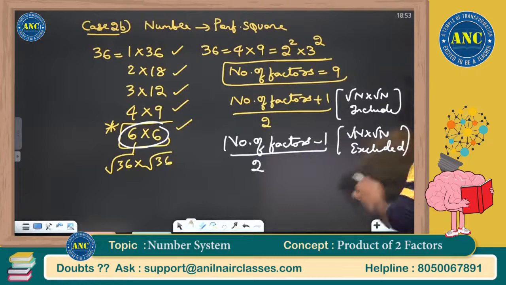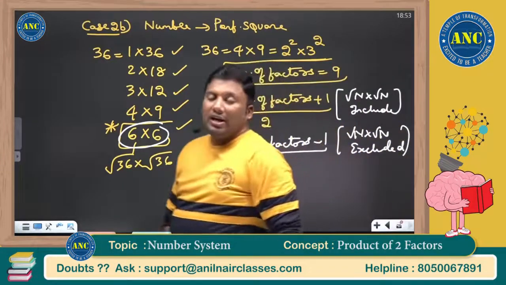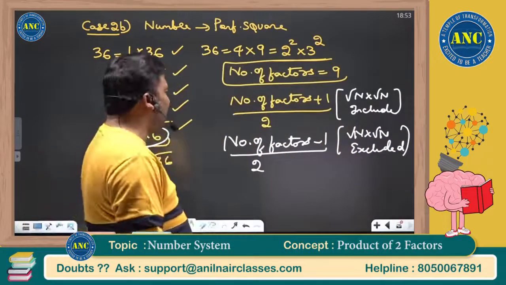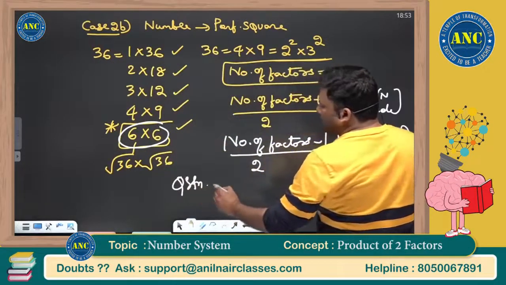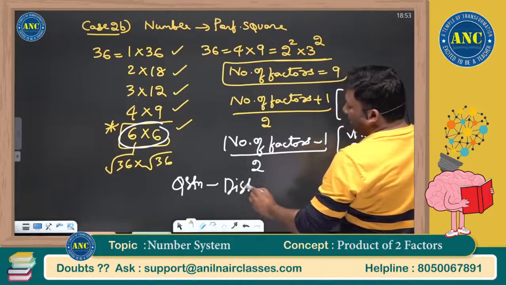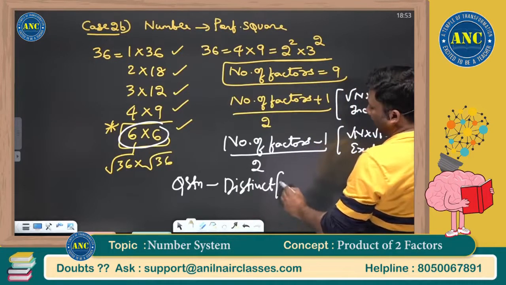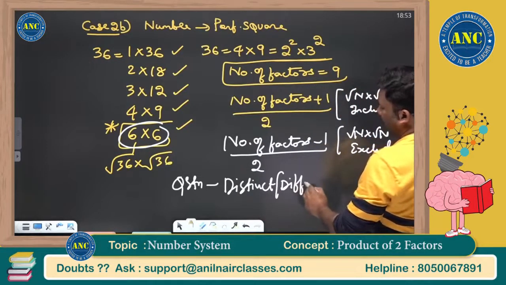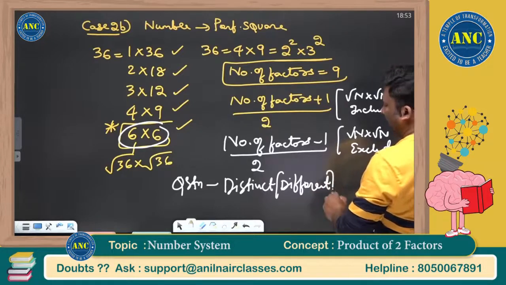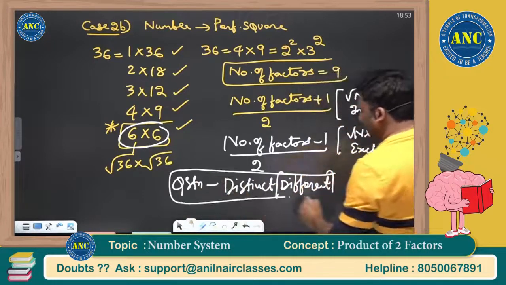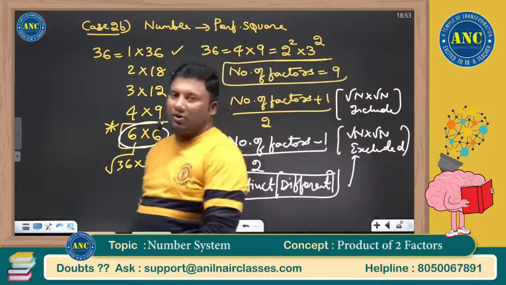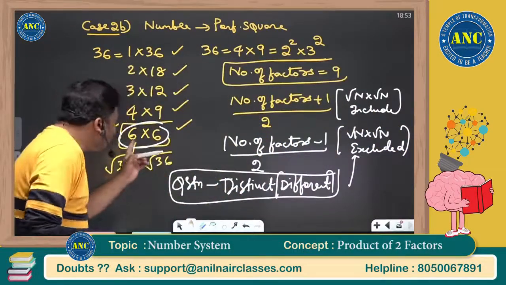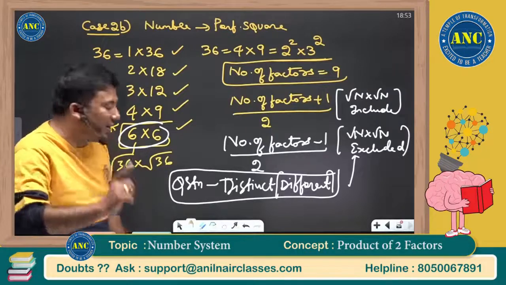Sir, when to include, when to exclude? If the question contains the word distinct, distinct means different, use the number of factors minus 1 by 2. 6 into 6, both are the same.